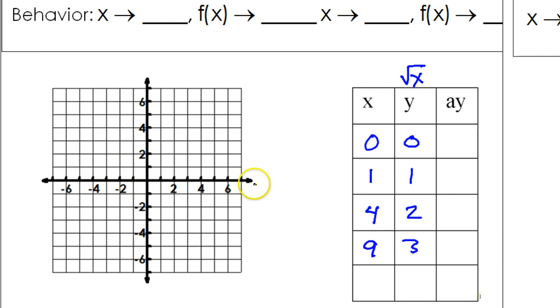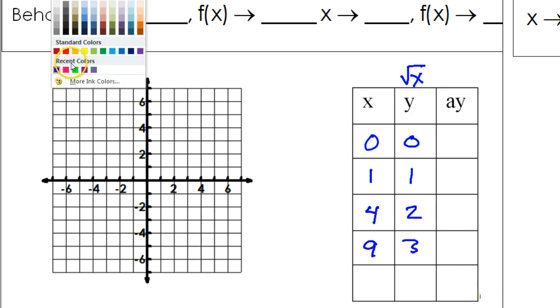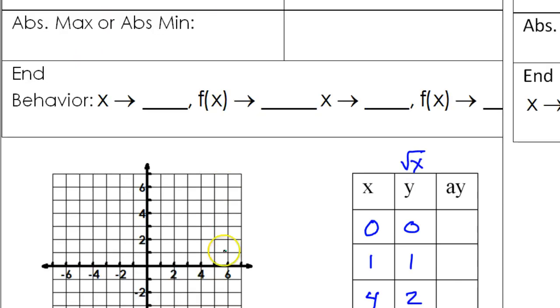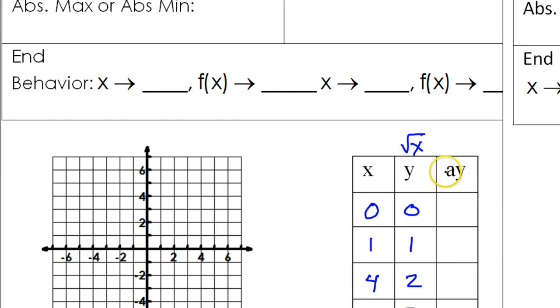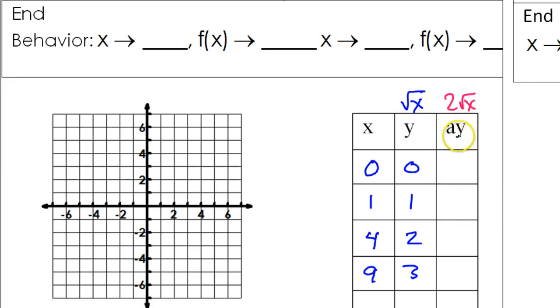But before we graph anything, we will go ahead and apply the A value. Now the A value is 2. So that means I'm going to do 2 times the square root of x. See how I put AY here?